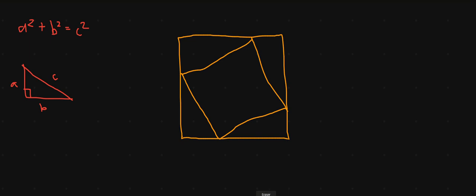There we go. Now that we have the square, I'm going to draw the right angles, and then I'm going to draw the sides. So we have A and B. In this case, I'm going to portray B as the bigger side, but it doesn't actually matter for a proof.